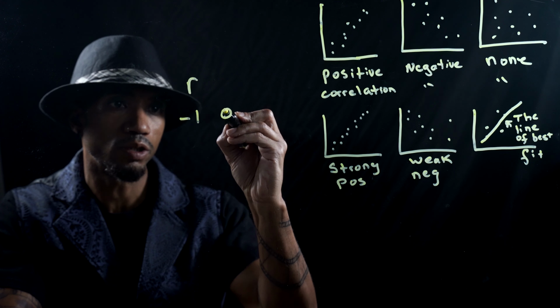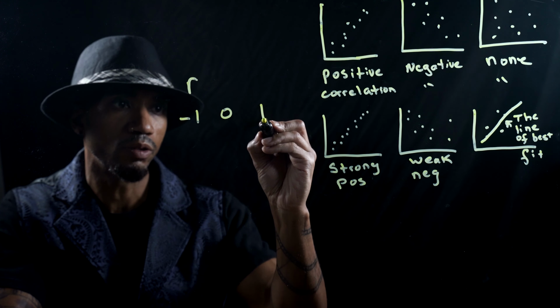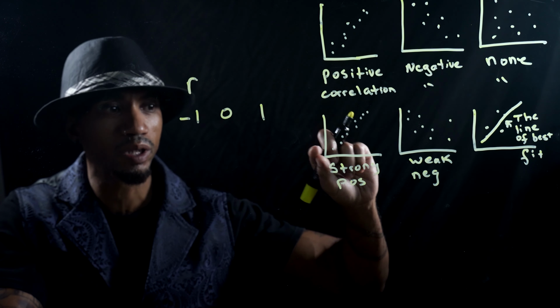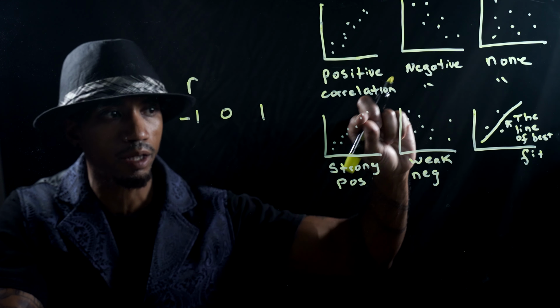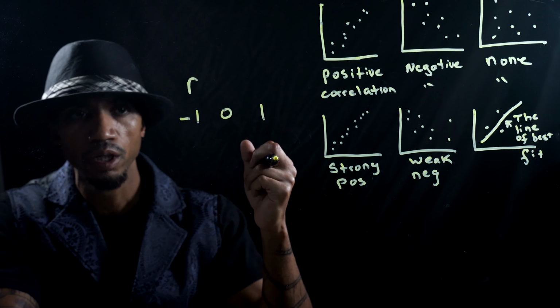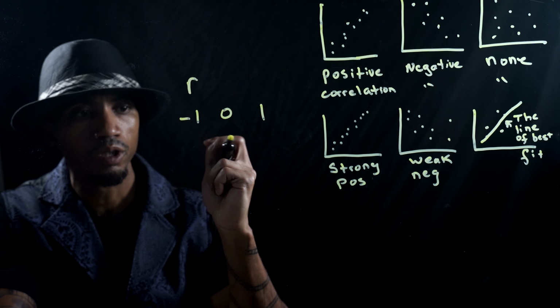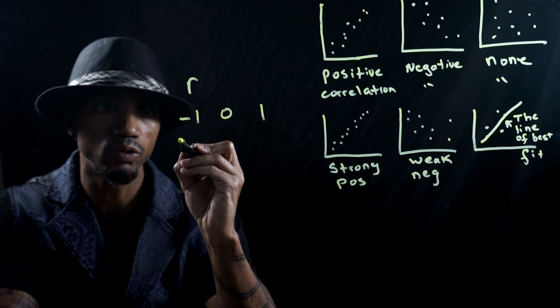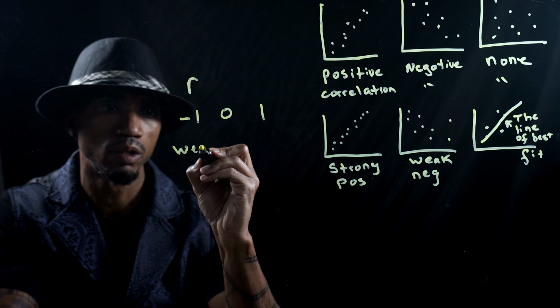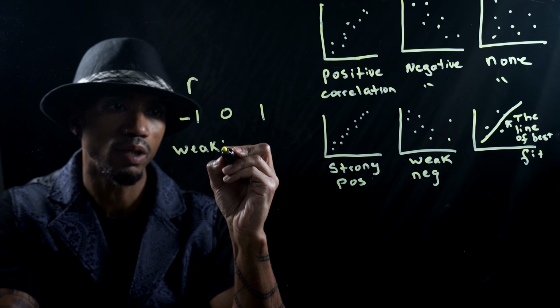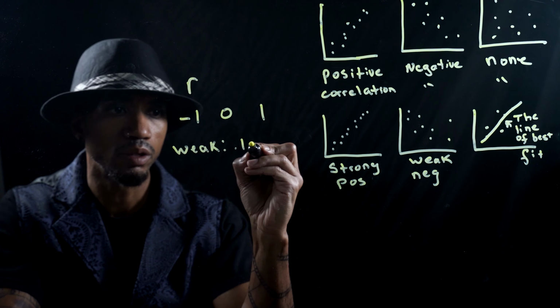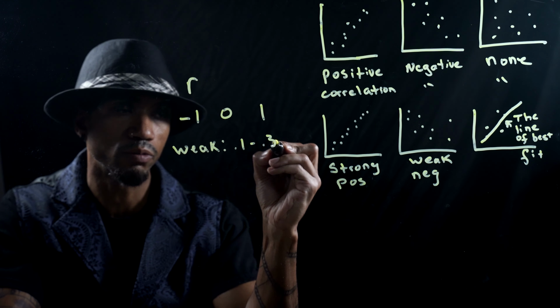There could be no correlation at all, and there could be a positive one, which would be a positive correlation, but so perfect, exactly in the line, and that doesn't really happen. Okay, so perfect positive, perfect negative. So let's talk about the strength numbers now. If it's weak, it would be approximately 0.1 to around 0.3.